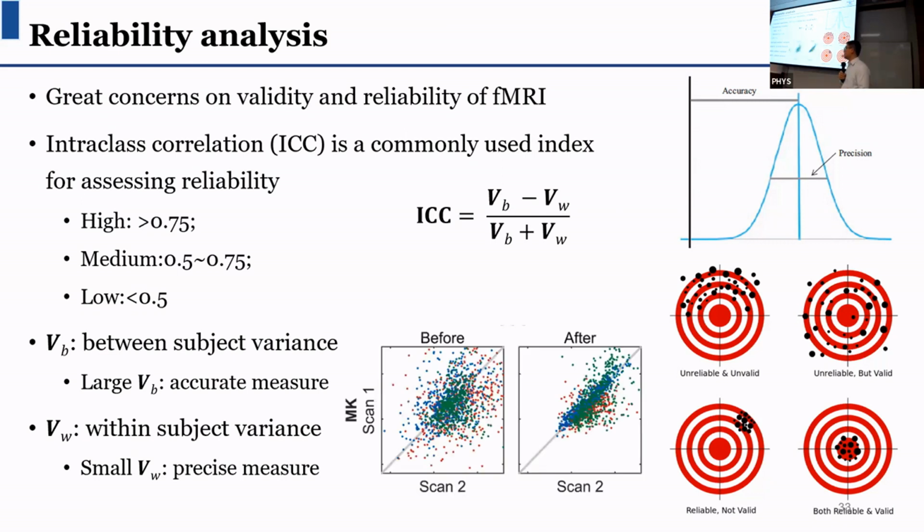As I just mentioned, if you are interested in reducing this within subject variance, deep learning will give you a very useful tool. This is not a functional MRI study. This is a diffusion study my group did before. I have the same subject run twice, the first scan and the second scan, and each dot is one region in the brain.